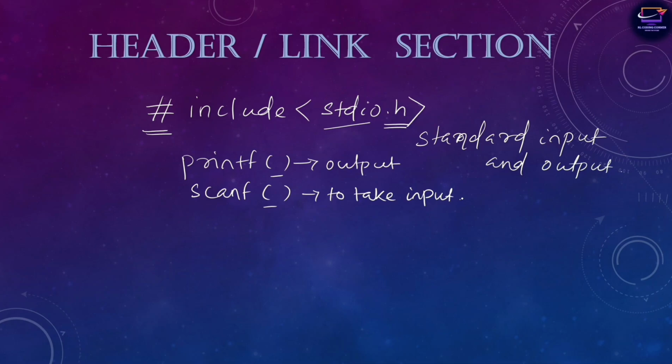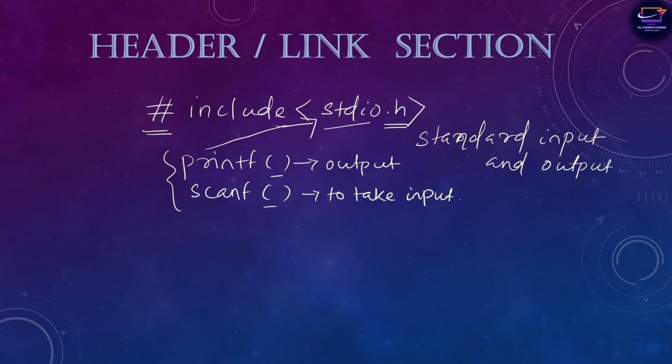Now see, these are predefined functions, and where are these functions defined? The functions we use in the program are defined in the stdio.h header file. These two functions are defined inside stdio.h. Okay. So if you want to include printf and scanf in the program, then you have to include the header file stdio.h.